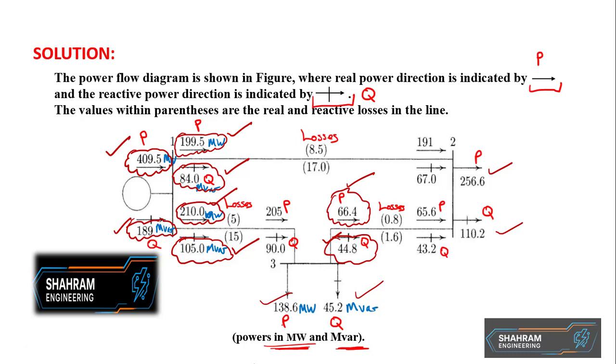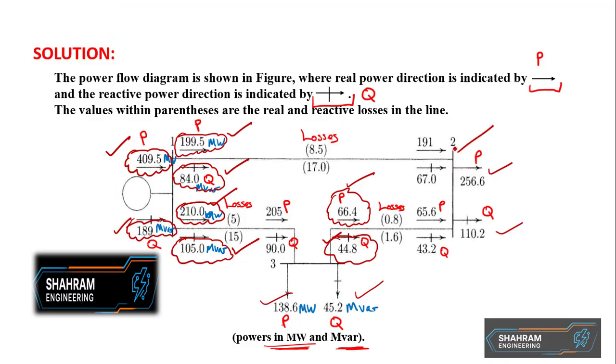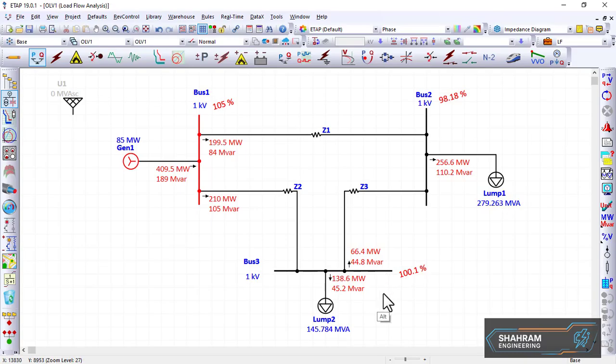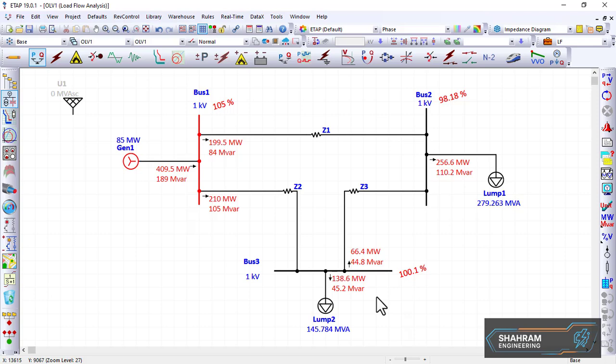The voltage, remember we wanted to know the voltage at these buses. So the voltage, it says we have 98.18%, and here we have 101%. We can also change the units, here in volts or in percent.